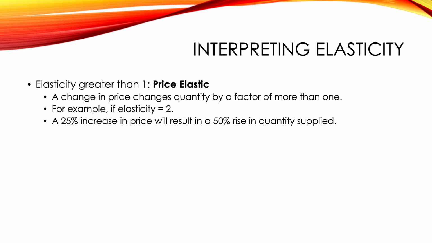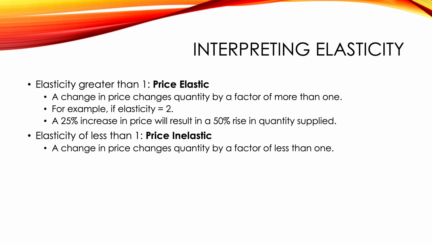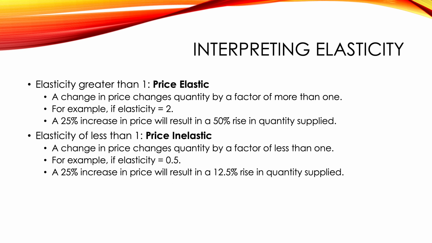Remember, for supply, price and quantity move in the same direction. If the elasticity comes out to be less than 1, then it's price inelastic. So a change in price changes quantity by a factor of less than 1. For instance, if elasticity were 0.5, a 25% increase in price would only result in a 12.5% increase in the quantity supplied.